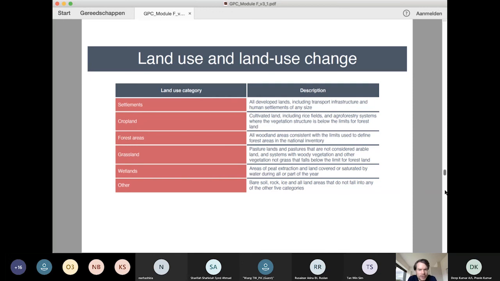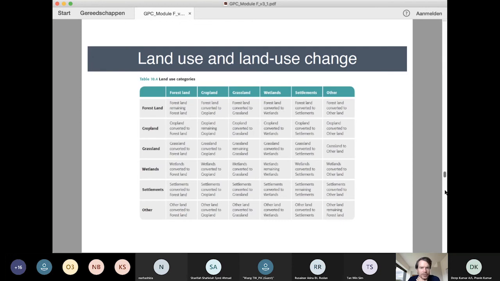Wetlands are areas of peat extraction and land covered or saturated by water during all parts of the year. And then another category is bare soil, rock or ice, or lands that don't fall into any of the other categories. But the key ones for us will probably be settlements, cropland, and forest areas, where you might have a change between those, or you might have all 3 occurring within your city boundary.